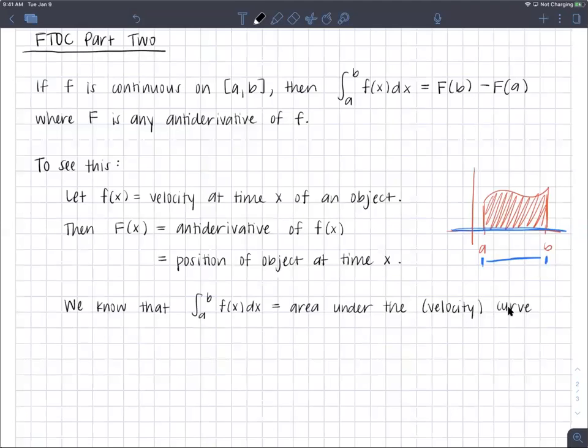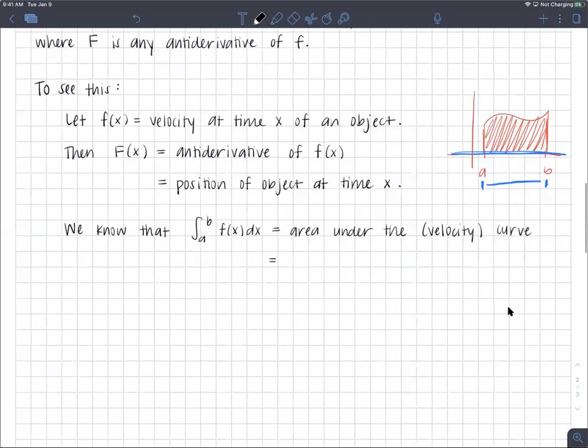So yeah, it's going to represent the change in position. So rather than thinking about it as the area under the curve of velocity, you can think about it as the distance traveled from time A to time B.